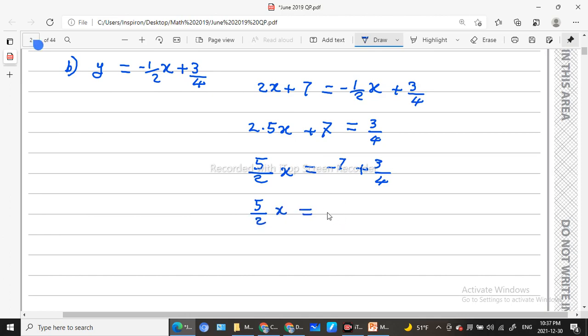Write minus 7 as minus 28 over 4, making a common denominator, so this equals minus 25 over 4.